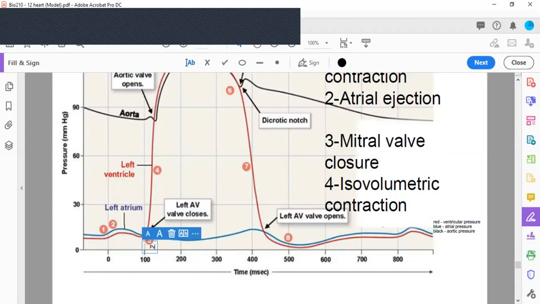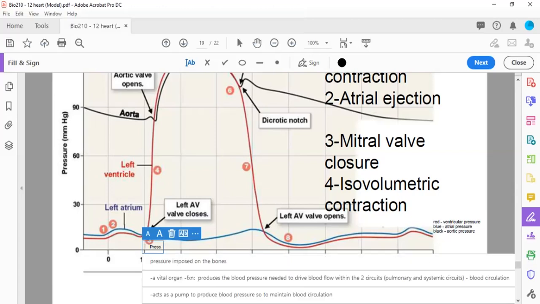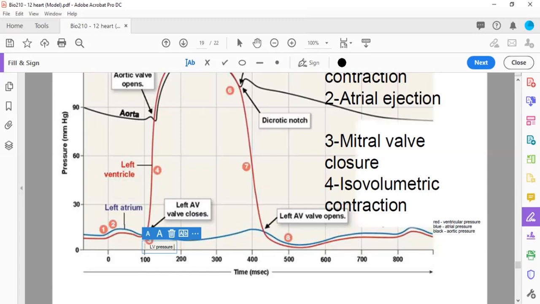PV means the pressure in the ventricle. I'll put left ventricular pressure is greater than the left atrial pressure.